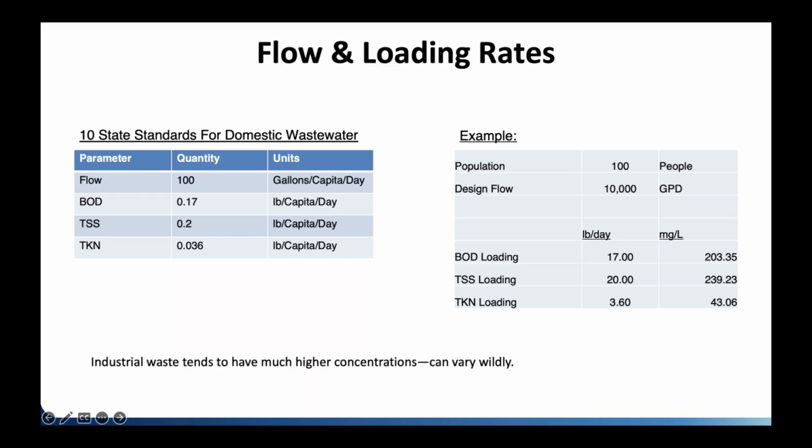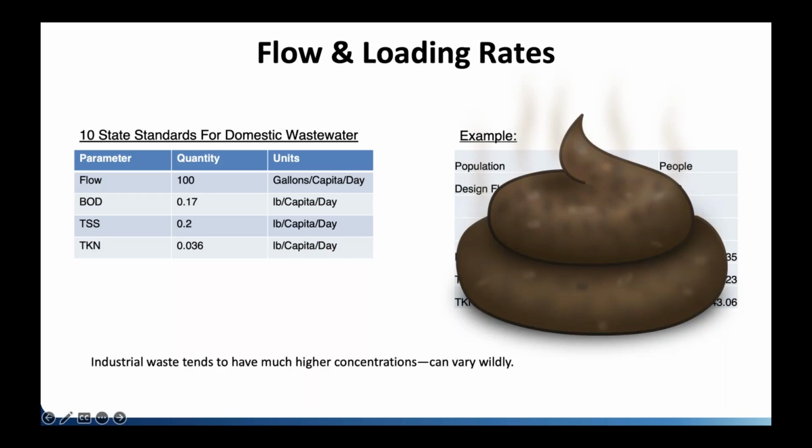Now, what I think is really interesting when I read these numbers, and these are small numbers, we don't deal with these numbers very much. I just made them small to make them easy. If you had 17 pounds of raw poop sitting in front of you, like 100 people came and all pooped in the same spot, that's what your wastewater plant is receiving.